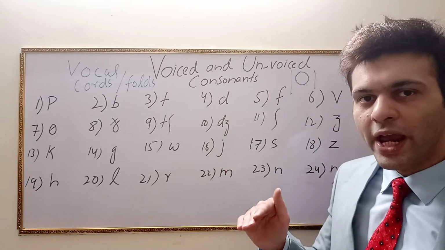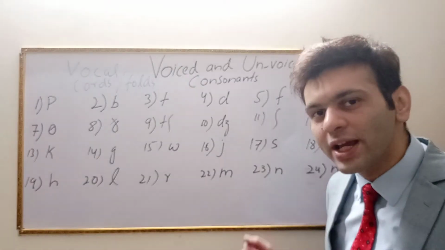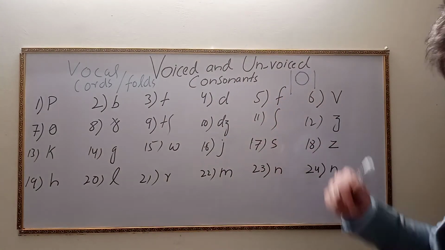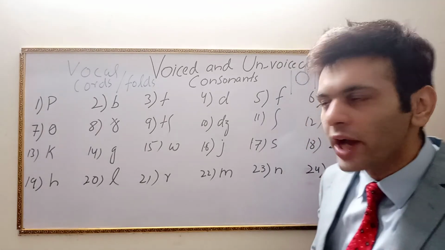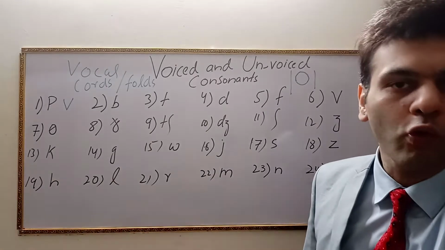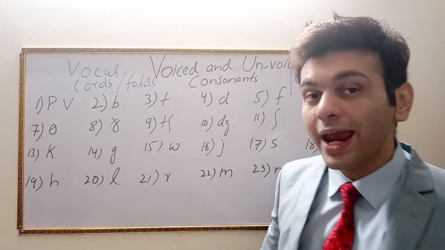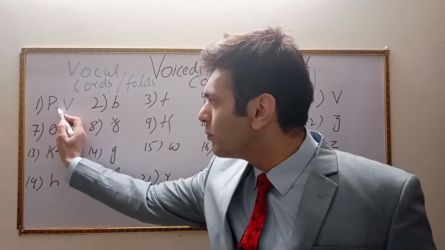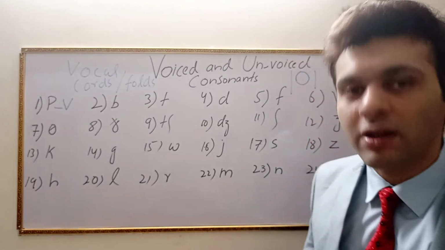Now I'm going to explain how we are going to indicate which one is voiced and which one is unvoiced. For example, whenever you wish to indicate that a particular sound is voiced, you are going to write V. V means voiced. If a specific consonant sound is unvoiced, then you are going to simply put minus with V. Minus means unvoiced.